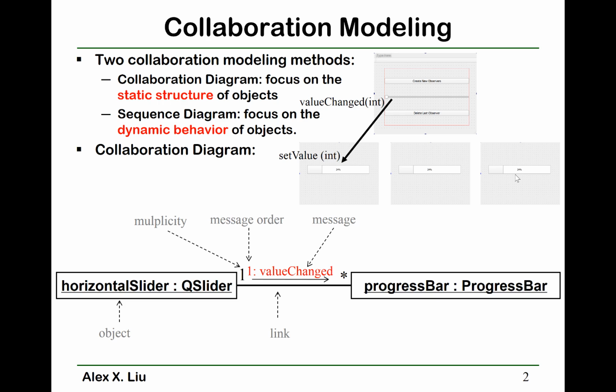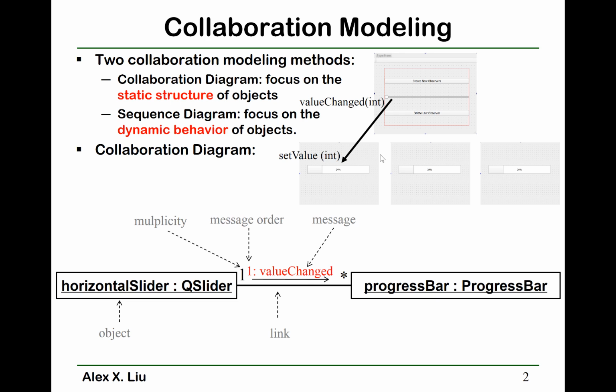In order to understand something, we have to have a model for it. Because the real system may have many details, and we want to ignore the details, we just want to keep the things that we need to understand, so that we can understand the system and reason about the system.